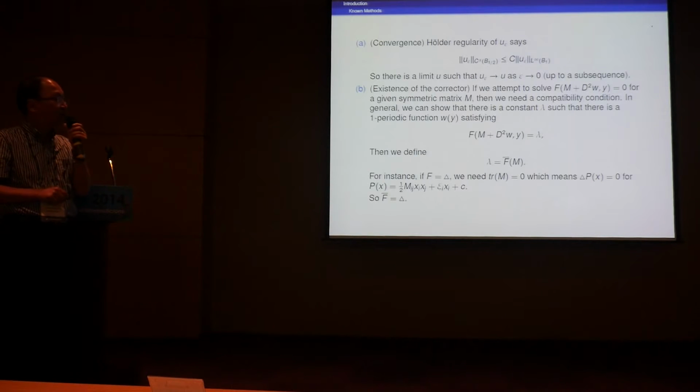And this lambda depends on the matrix M, so we can write it in this form. And if our operator is the Laplacian, then this one is just a trace. And then we can easily show that it is a Laplace operator, kind of.